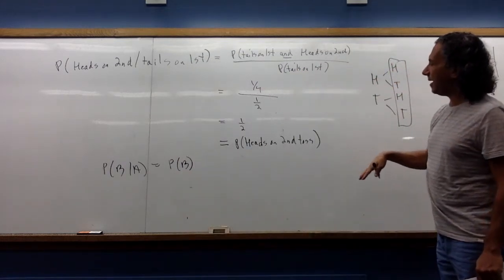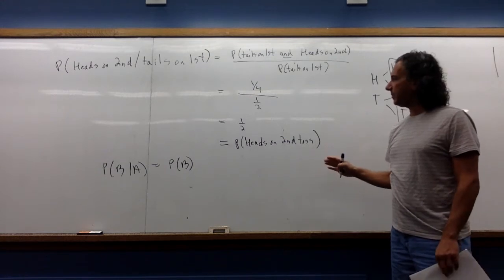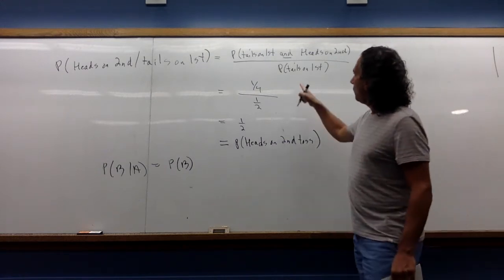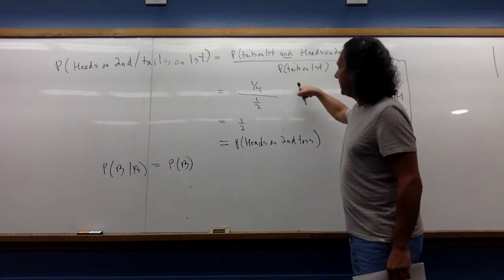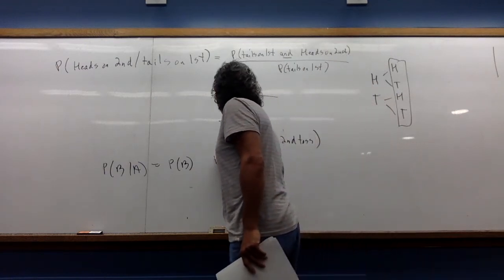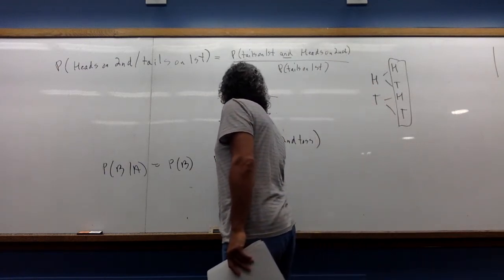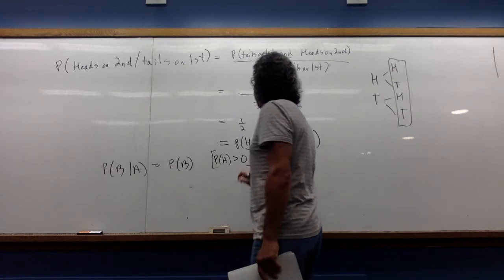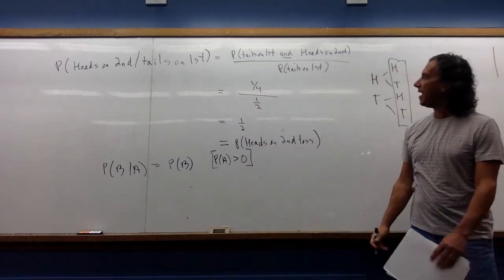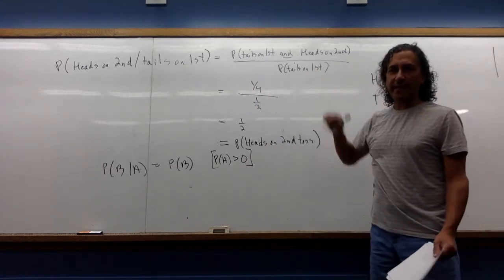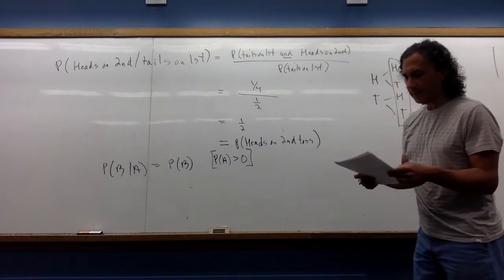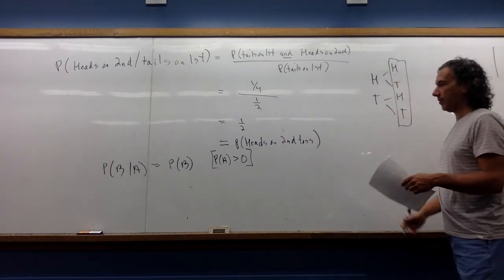And let me put a caveat in here that's going to be important. Again, we can only talk about conditional probabilities in the first place if the probability of A is bigger than 0. You might need to look at your notes for the last lecture when we talked about that. That makes sense because you can't divide by 0, so that formula wouldn't work if it were 0.